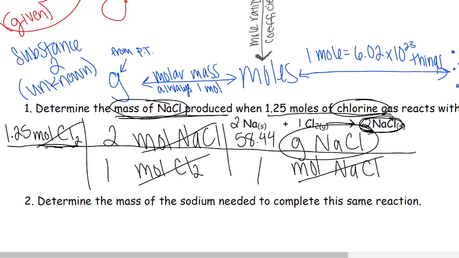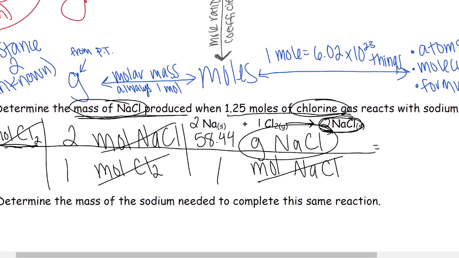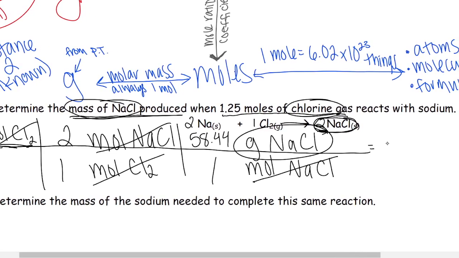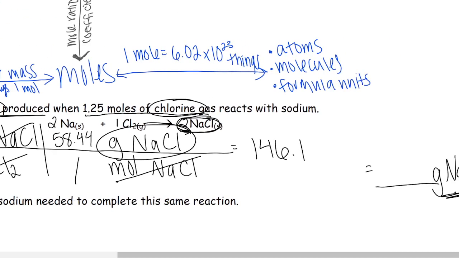It's just an extra step that several of you already understand you don't need to do. So what did we calculate? Perfect. 146.1 is my final answer. I already set up my units that way, so you can put that right on the line, or you can get rid of this and say grams of NaCl.